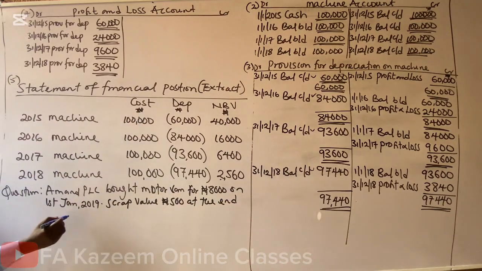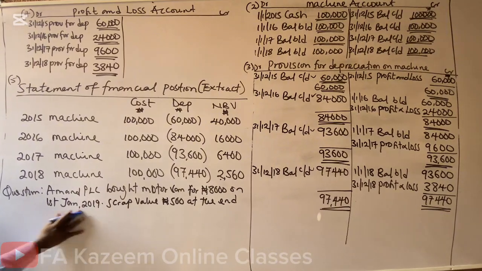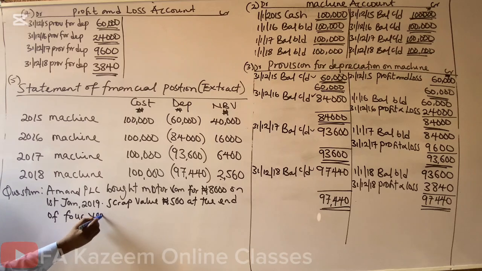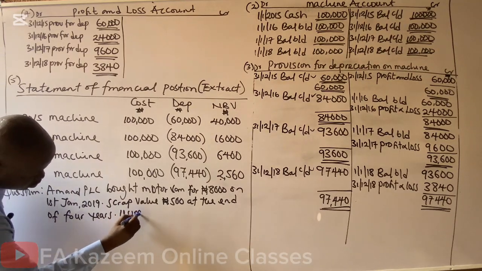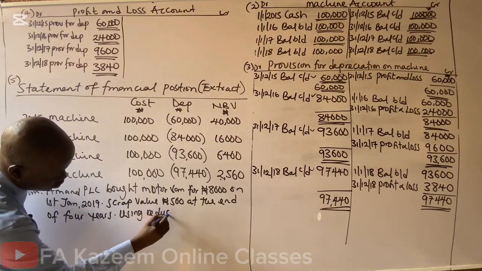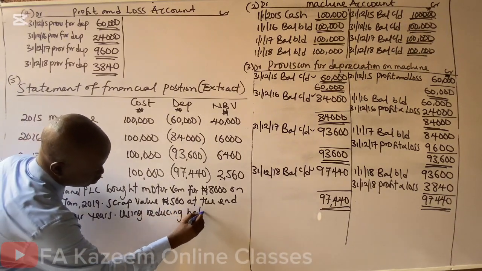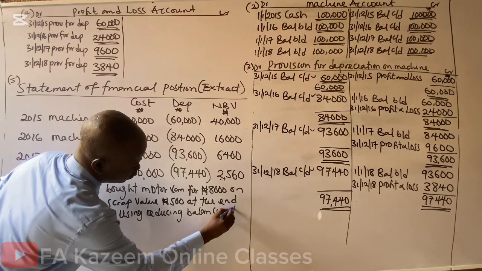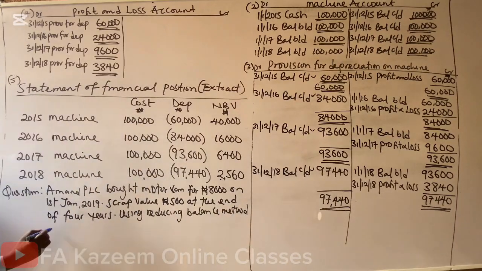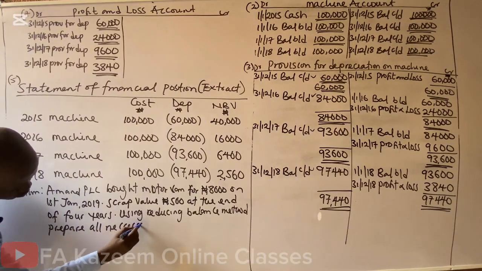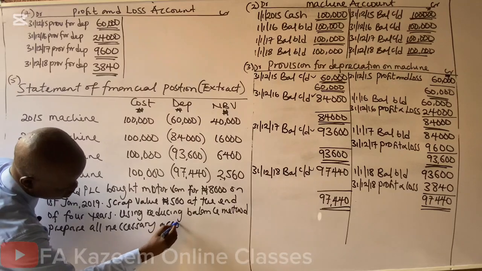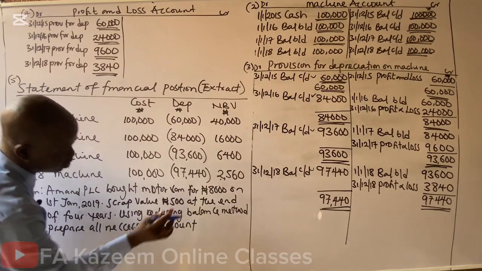At the end of 4 years, using the reducing balance method, prepare all necessary accounts.